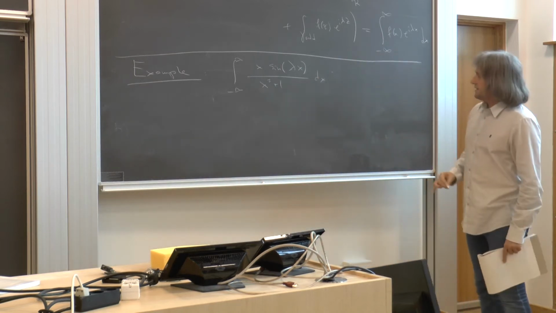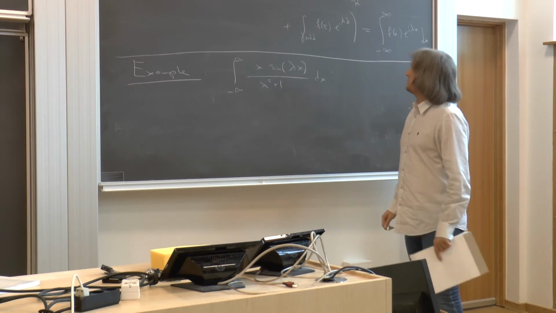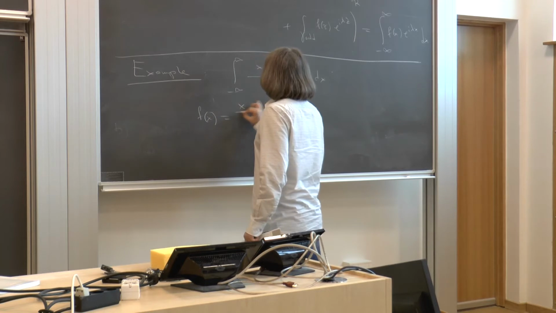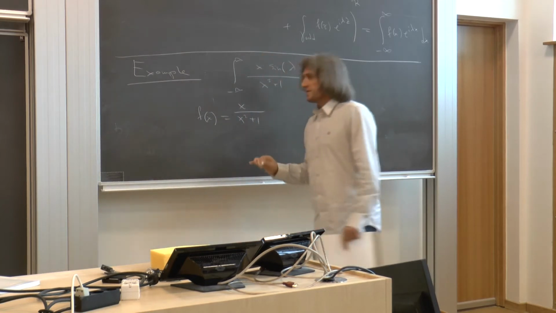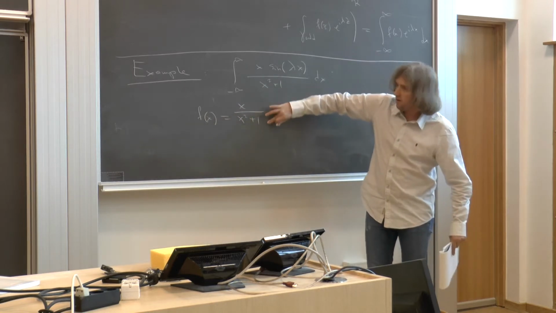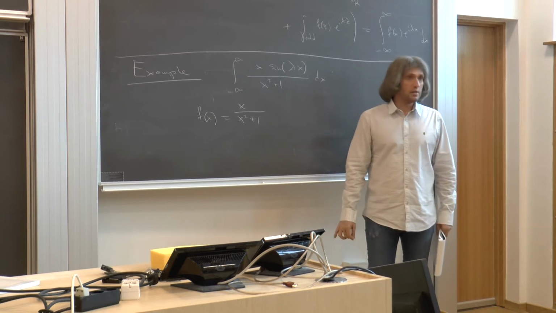Now we realize that we are in the situation as before, because we can write f of x is x over x squared plus 1. And notice that the estimate for f itself wouldn't work, because the difference of powers is not 2 but 1.